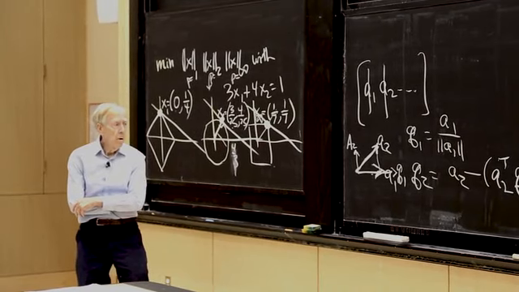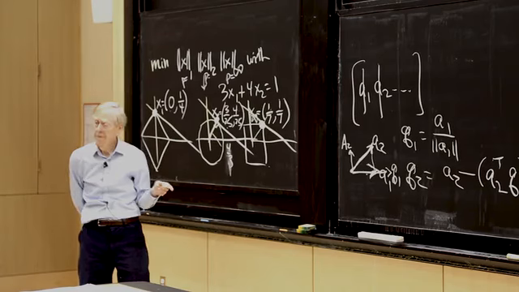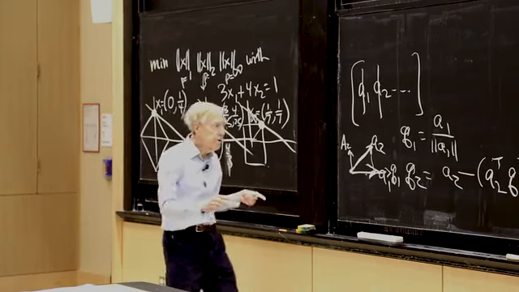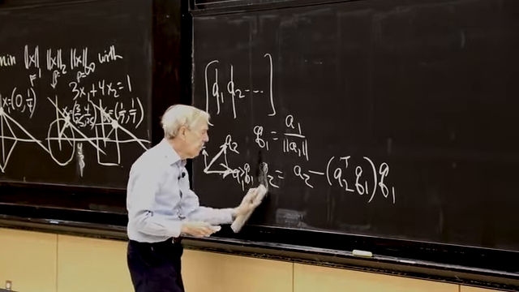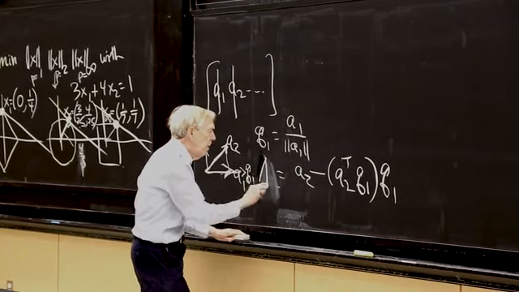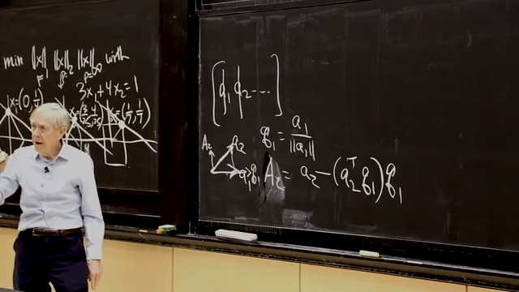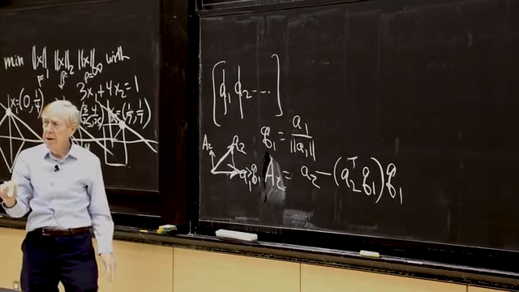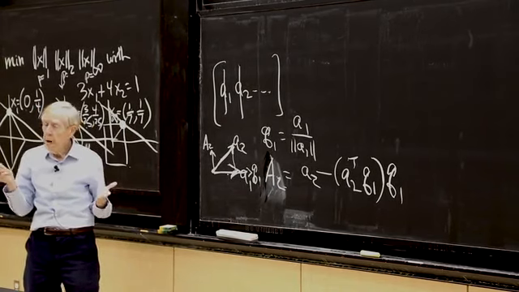Okay, now, what is that vector supposed to achieve? It's supposed to be this vector. This vector I'm really going to call A2 because it's in the right direction for q2, but it is not yet normal.